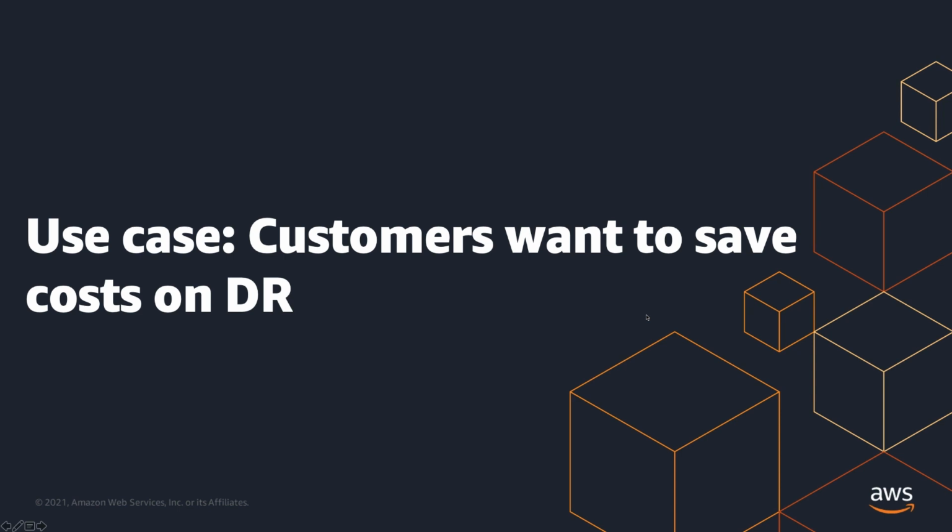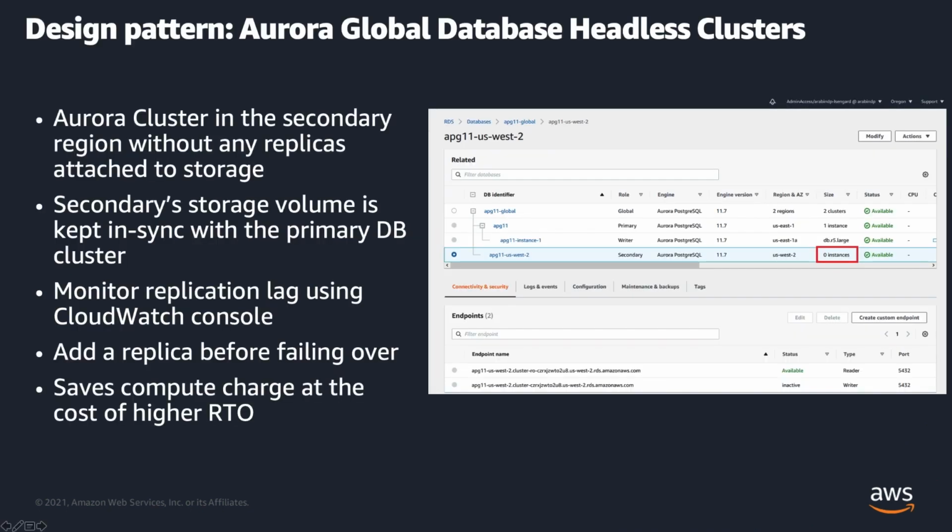Now let's talk about our next use case, customers who want to save costs on DR. Now it's also possible for Aurora Global Database to run headless in the secondary AWS region. This means that the secondary region will not have a running database instance, just the Aurora storage layer.